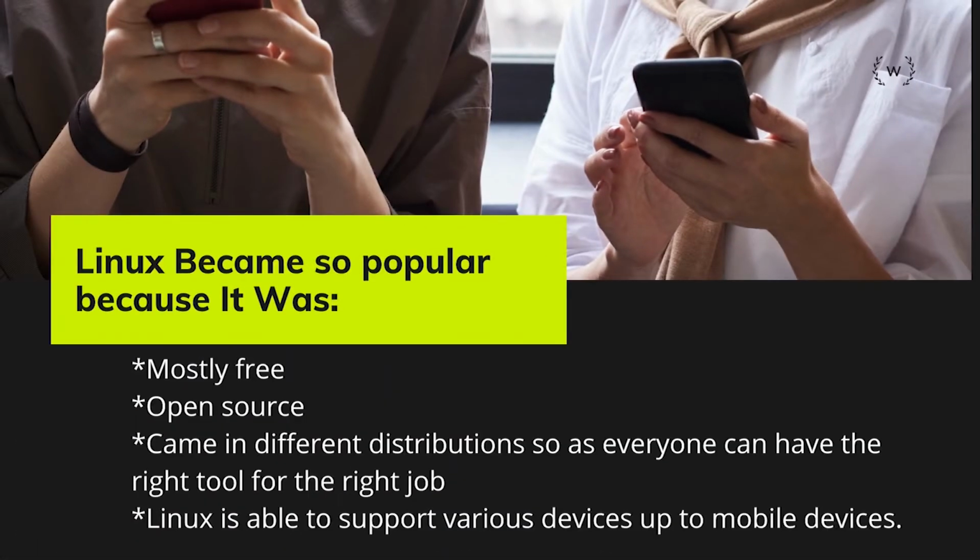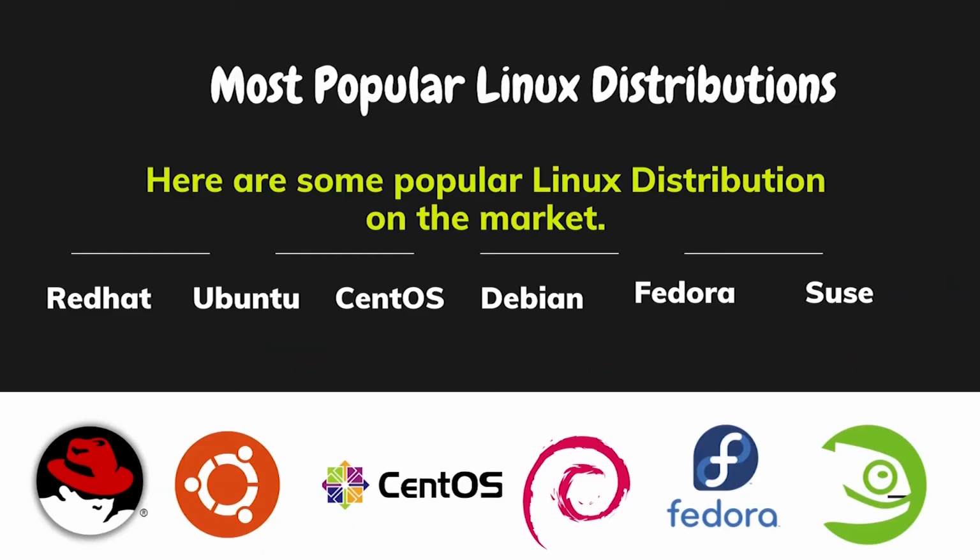Linux became so popular and interesting because it was mostly free, open source, and came in different distributions so everyone can have the right tool for the right job, and Linux is able to support various devices up to mobile devices. Here are some popular Linux distributions: Red Hat, Ubuntu, CentOS, Fedora, Debian, and SUSE.